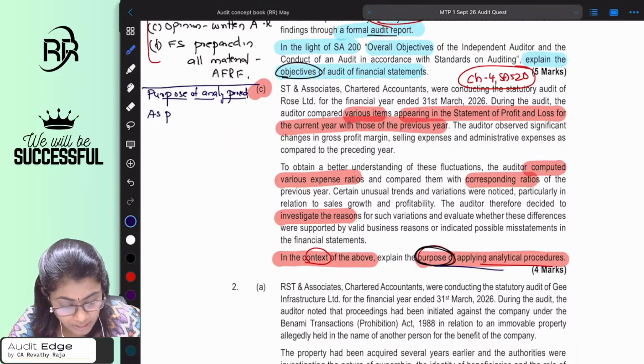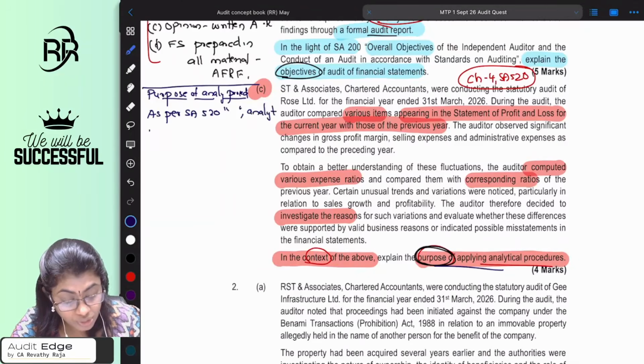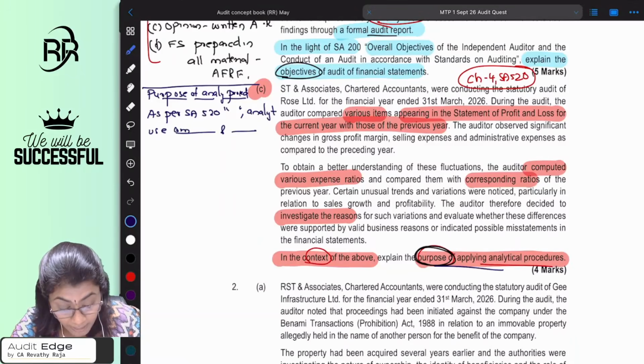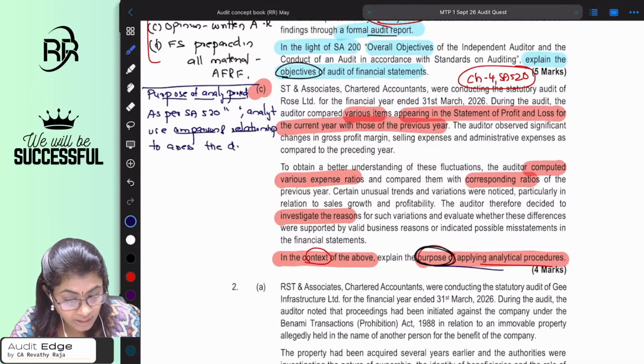Now, after that, how will you start? As per SA 520, write the name, Analytical Procedures. What is the purpose? Analytical procedures use two words. What are the two words? Always I say they use comparison and they use relationship to assess the data, to check if it is reasonable.